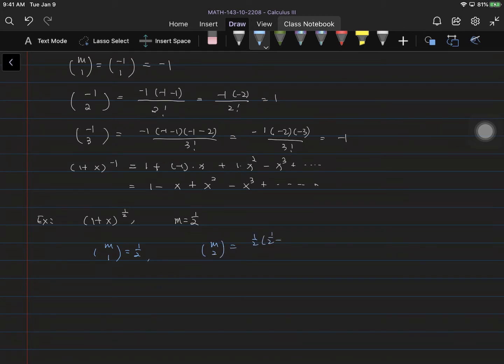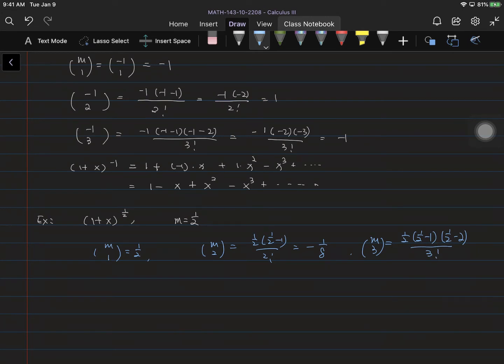m2 is 1/2 times (1/2 minus 1) over 2 factorial. So on the top should be -1/4 divided by 2, -1 over 8. Right. And m3 is 1/2 times (1/2 minus 1) times (1/2 minus 2) over 3 factorial.